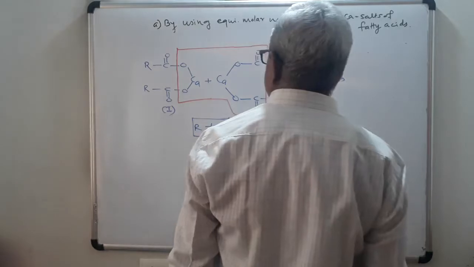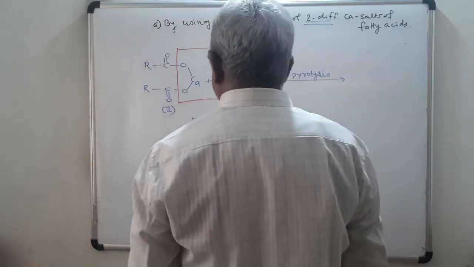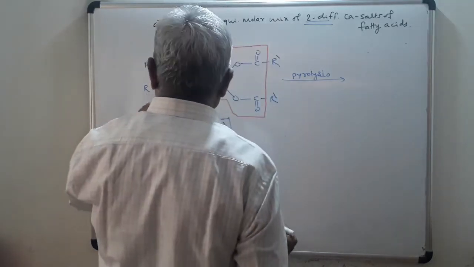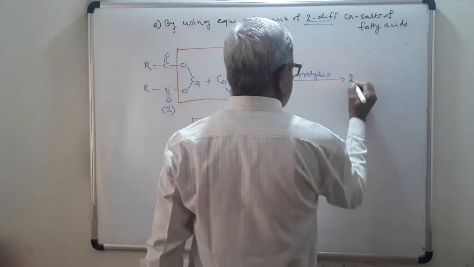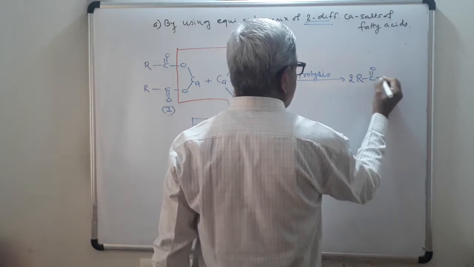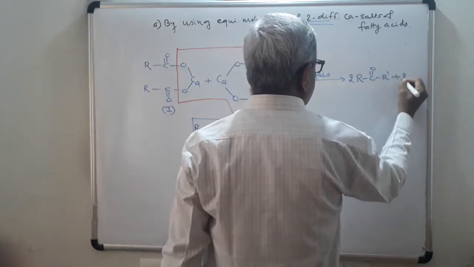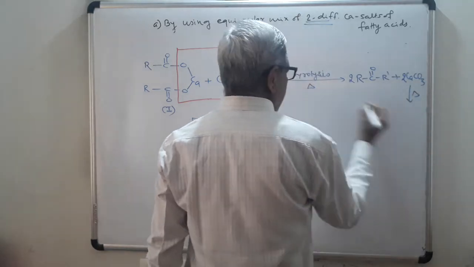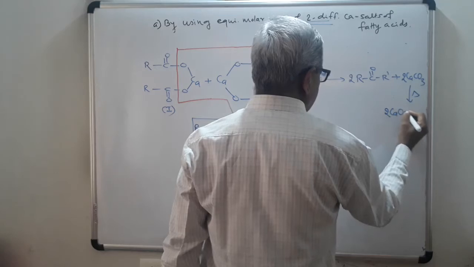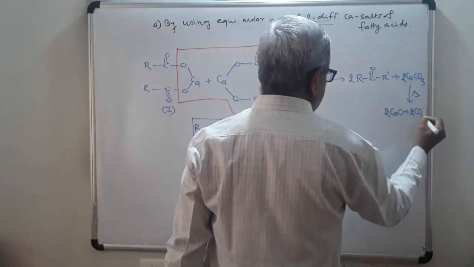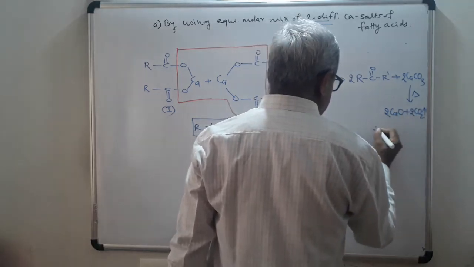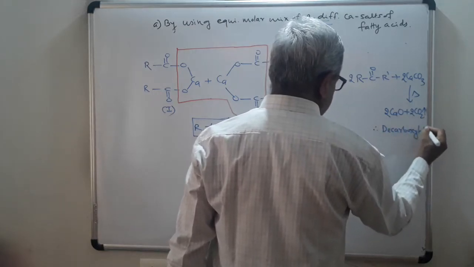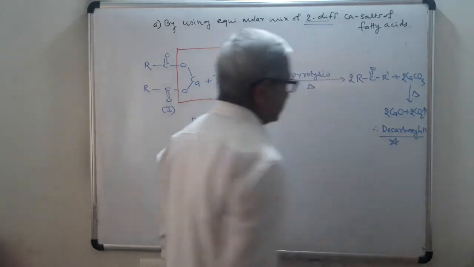You will get here two molecules of, this is the first molecule RCOR dash, this is second molecule RCOR dash. Two molecules of RCOR dash, another two molecules of CaCO3. Heating is continued here, and therefore here you will get here two molecules of carbon dioxide and two molecules of calcium carbonate. Therefore this reaction is also known as decarboxylation reaction. So this is the very very important question.